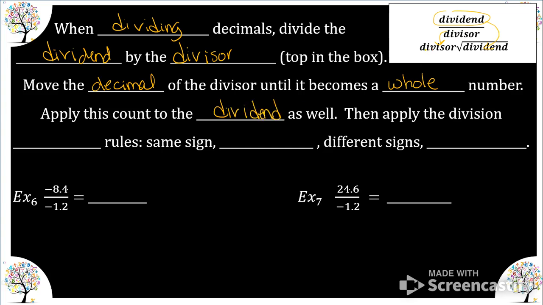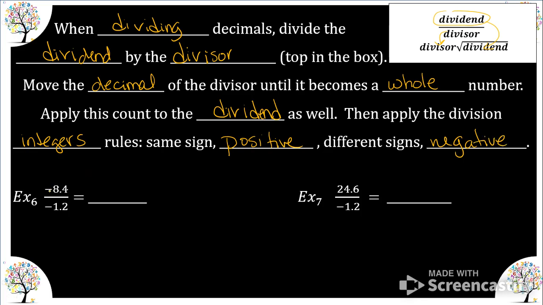So if our divisor is not whole, we move the decimal until it is, and then we move that same count in the dividend. Then we apply the division integer rules, which is the same as multiplication. Same sign, we get a positive quotient. Different signs, we get a negative quotient.